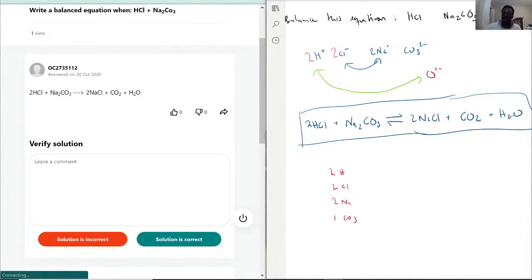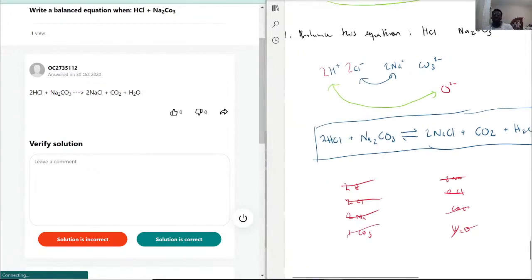And here we have 2 Na, so these two cancel out, 2 Cl, these two cancel out, we have a CO2, we have H2O. So the H2 and the H cancel out, and the CO3 matches the CO2 and O. And that right there just really supports that you have the right balanced chemical equation.